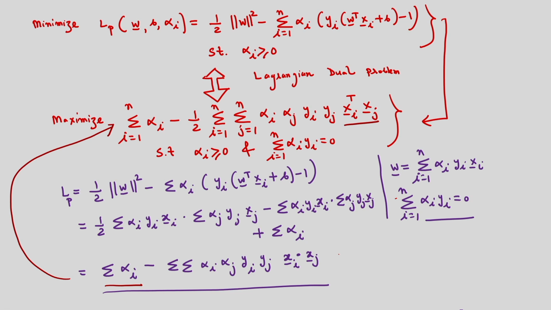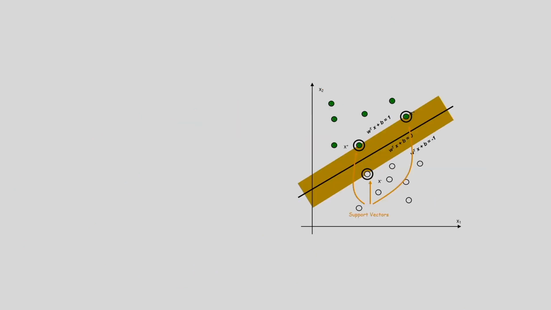Now considering the solution of the optimization problem, I have to maximize summation alpha i, i is equal to 1 to n. So what is the solution for this? We are considering one condition that is called the Karush-Kuhn-Tucker, the KKT criteria.